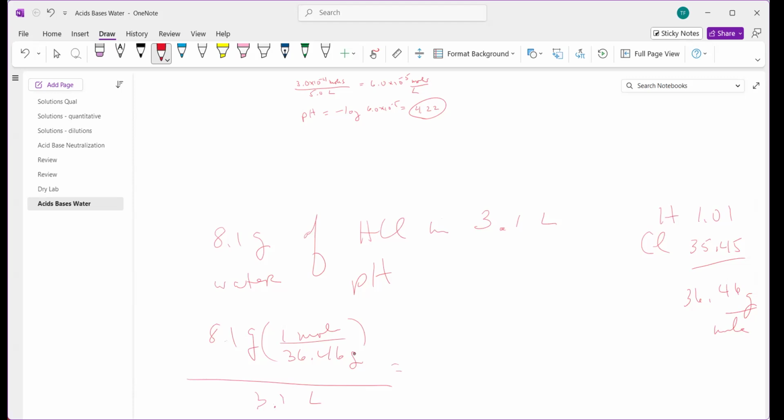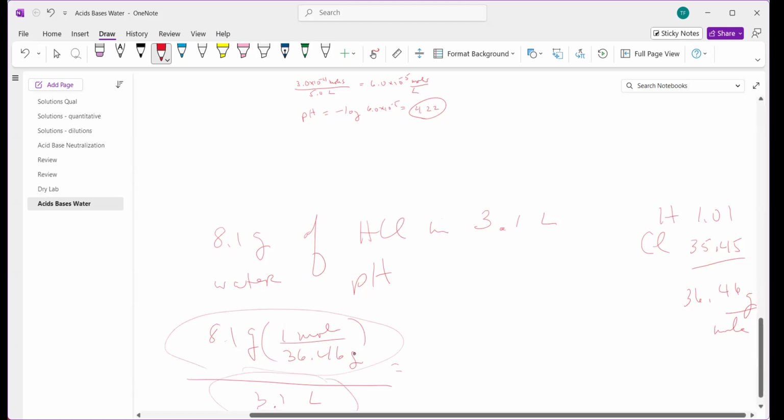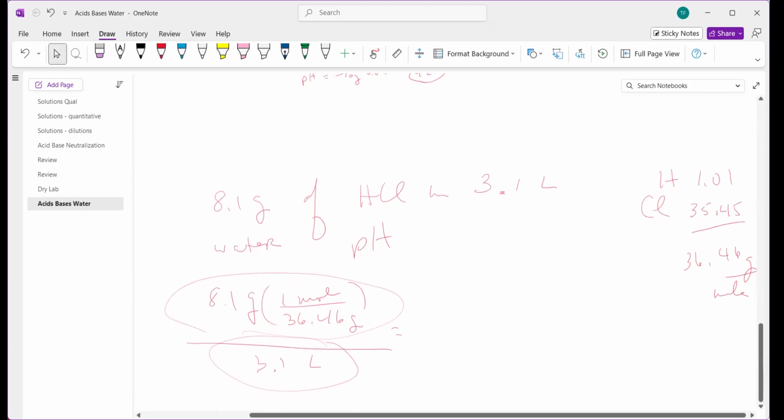This will get us to moles, and this is our volume. You can do this in 2 steps or 1 step. Doing 2 steps, first you calculate moles, and then you divide that by 3.1.